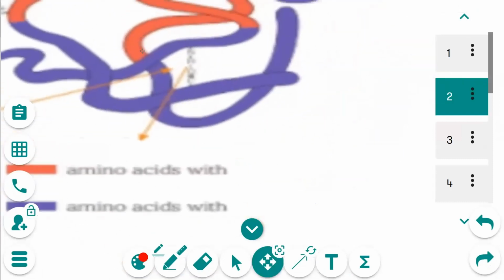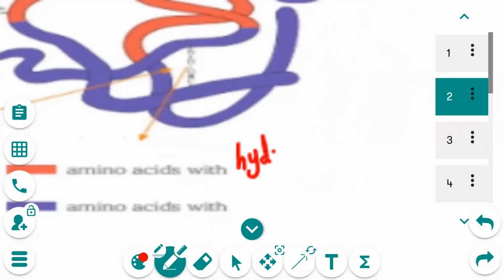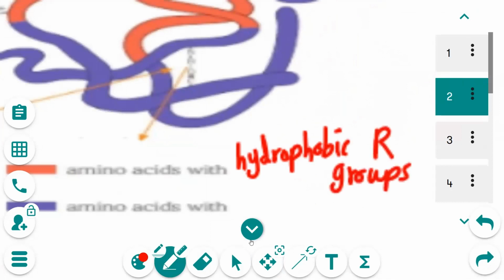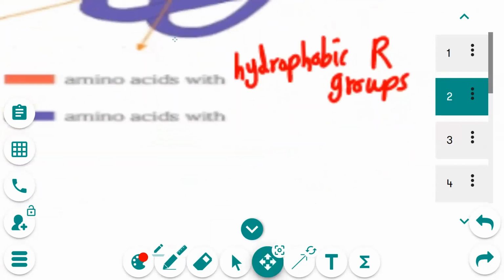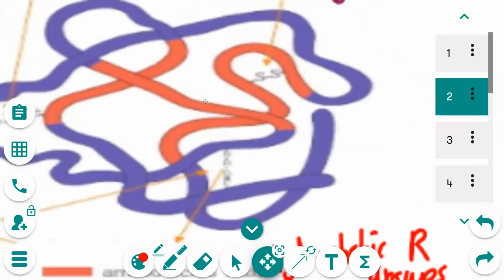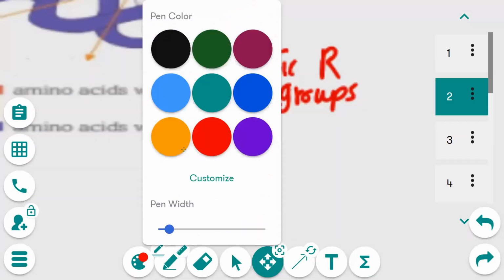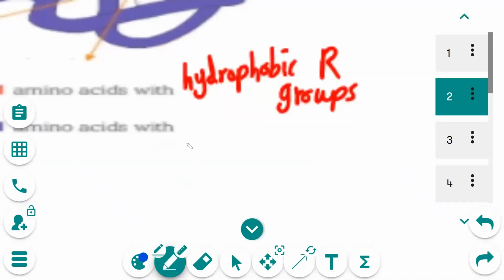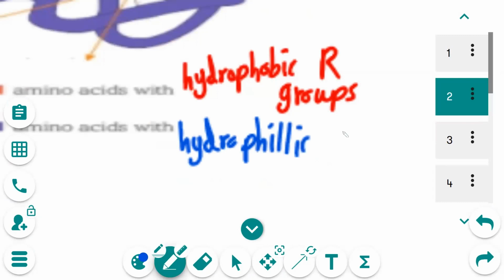The red bits that we can see here are the amino acids with hydrophobic R groups, and the dark blue ones that you can see are the amino acids with hydrophilic R groups.